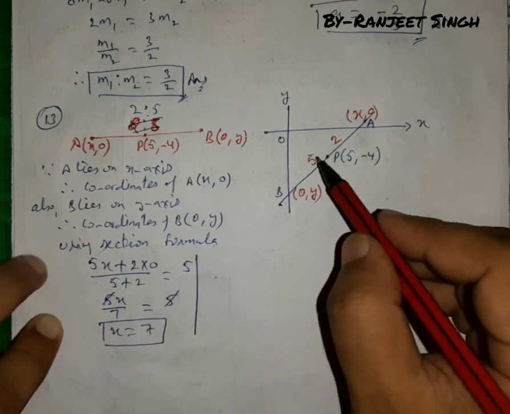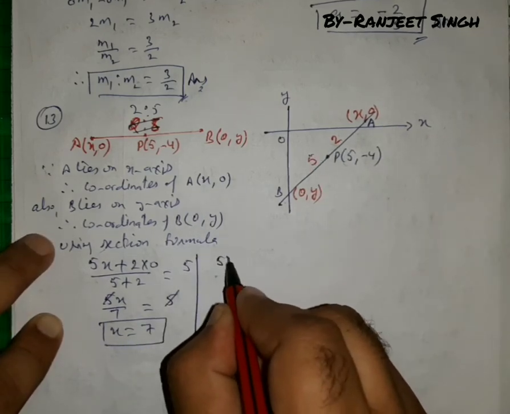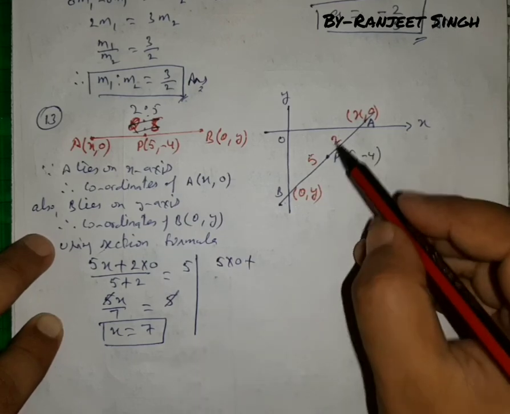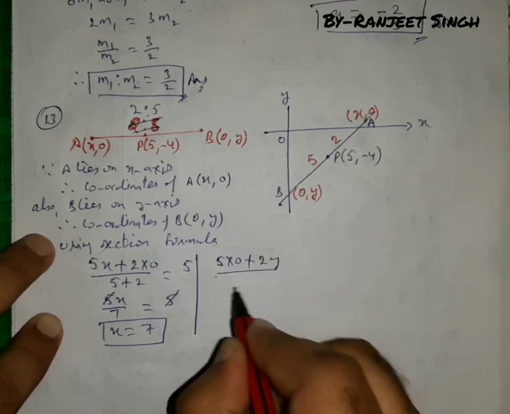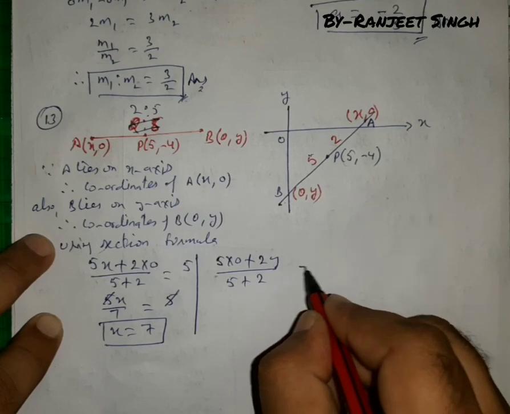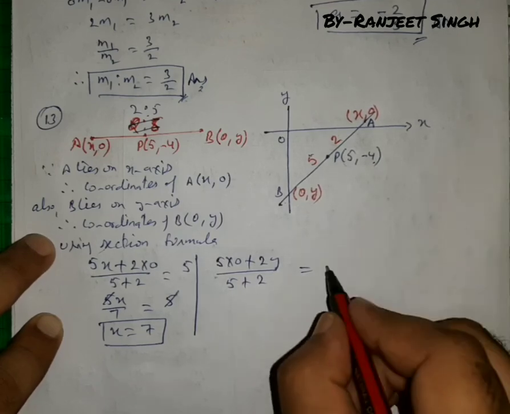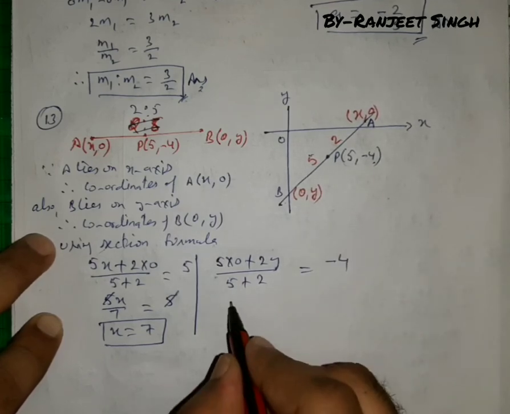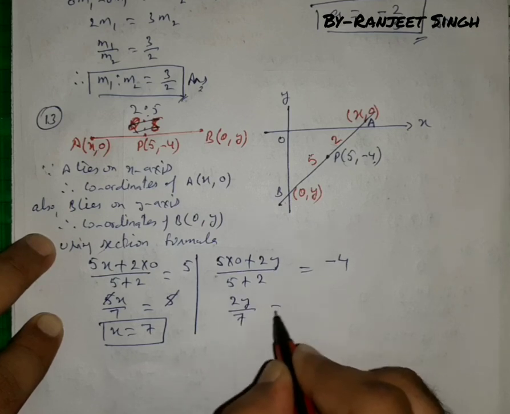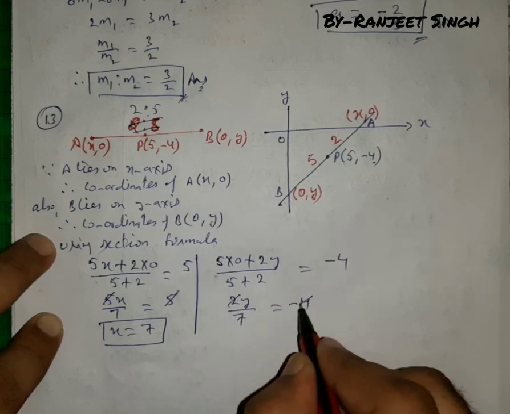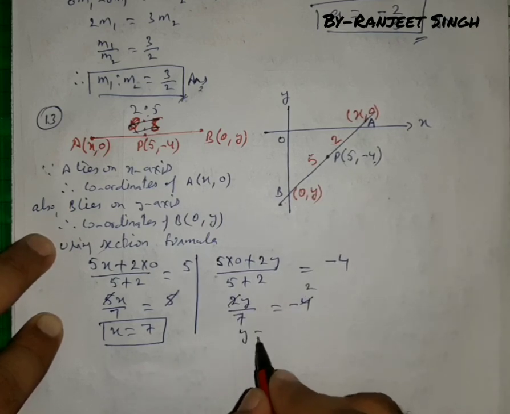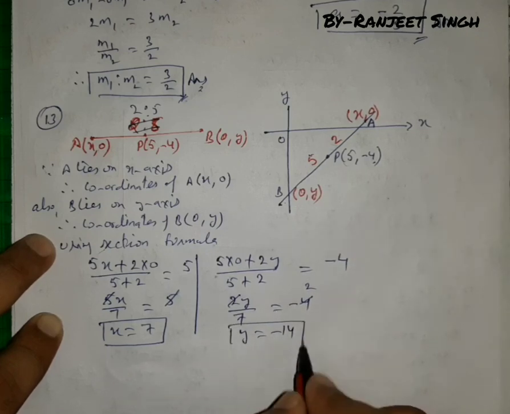Also 5 multiplied by 0 plus 2 multiplied by y over 5 plus 2 is equal to the coordinate of y, that is given as -4. So 2y over 7 is equal to -4, so this will get over 2, so y is equal to -14.